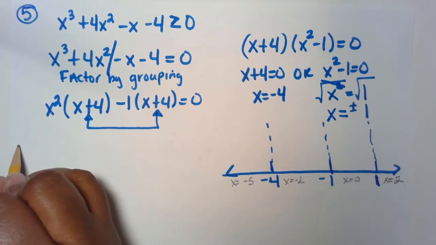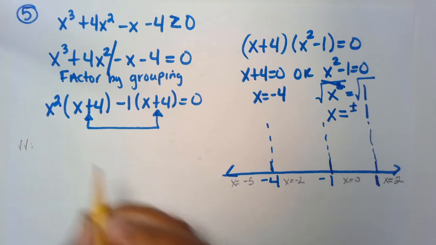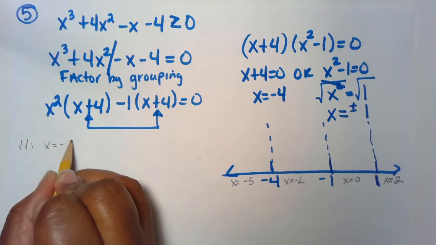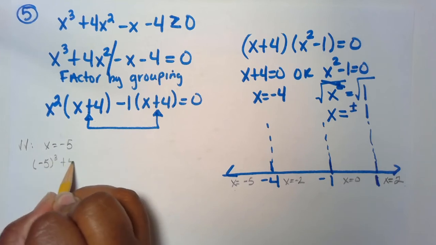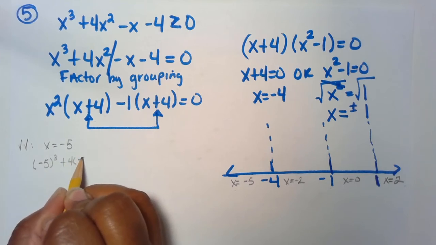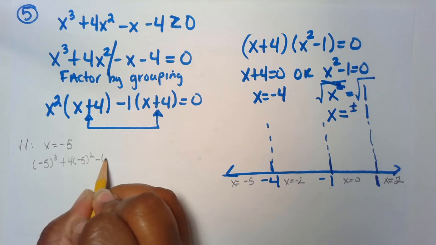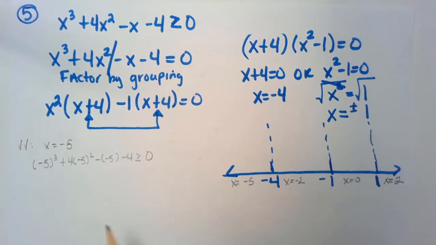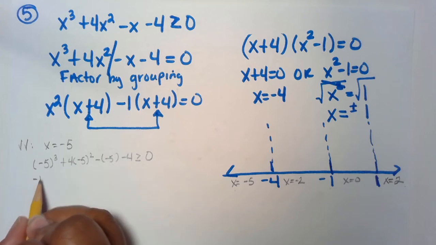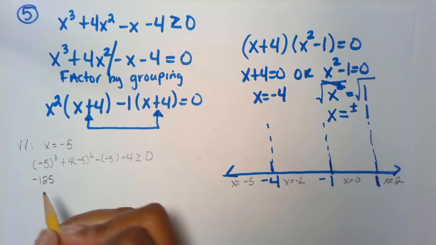So let's check. When x is -5, we have the quantity of -5 cubed plus 4 times -5 squared minus -5 minus 4. Will that be greater than or equal to 0? So here we have -125.